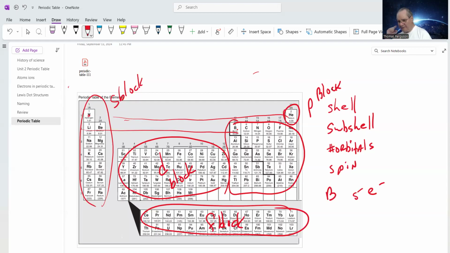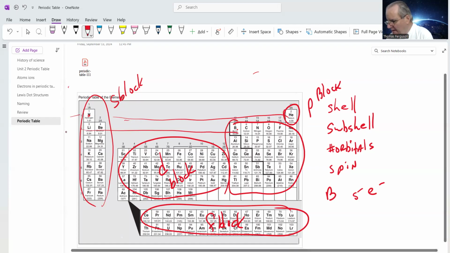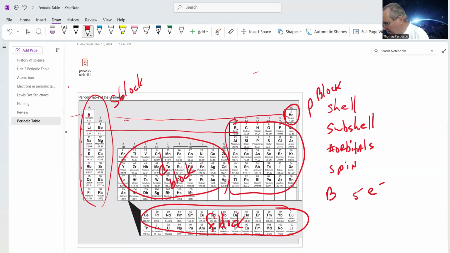Now, getting to boron from hydrogen, we're not going to be going through very many blocks of electrons. So we're starting at shell number 1, 1s2, 2s2, and 2p1. So we've got 2, 4, 5 electrons, all accounted for.